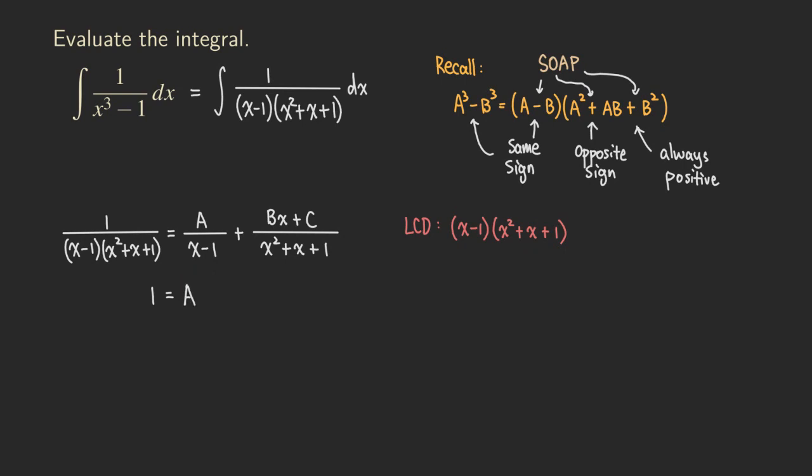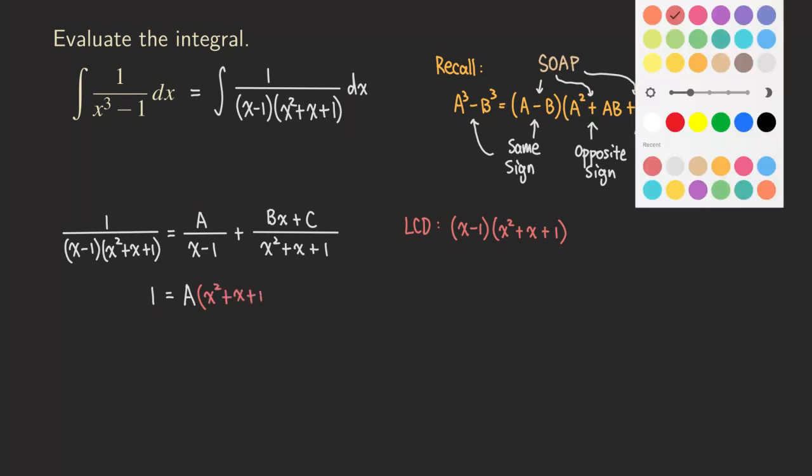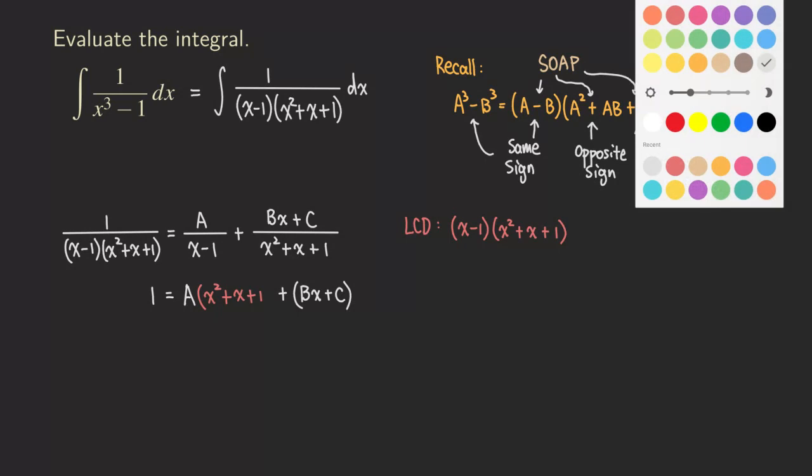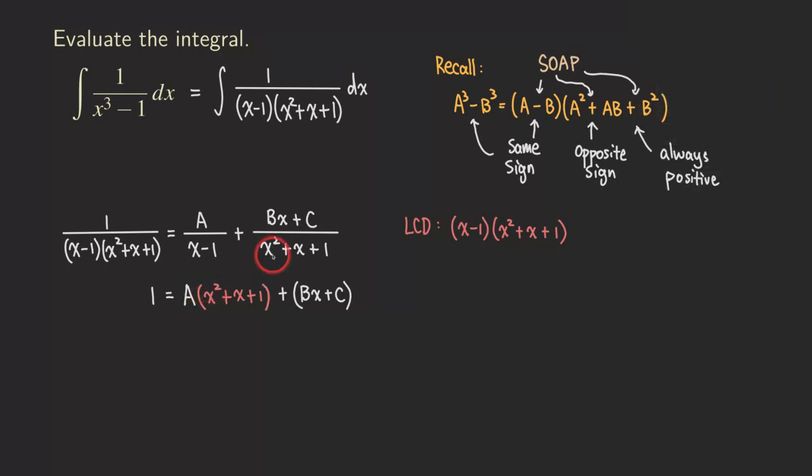Okay, so we have a times x squared plus x plus 1. And then continue. So we have bx plus c. And then we can cancel the x squared plus x plus 1, right? Then we are left with just the x minus 1 multiplied by the bx plus c. So we just have x minus 1 here.